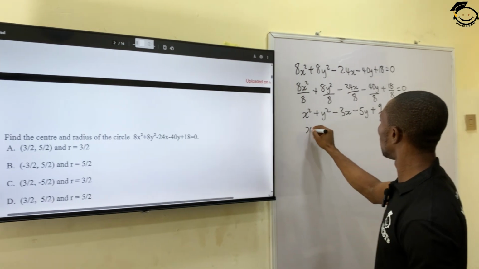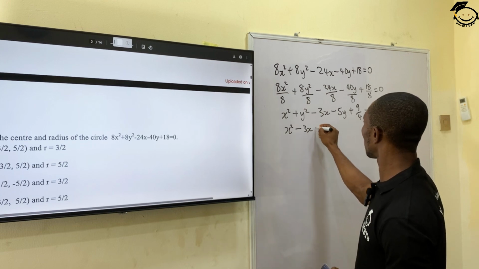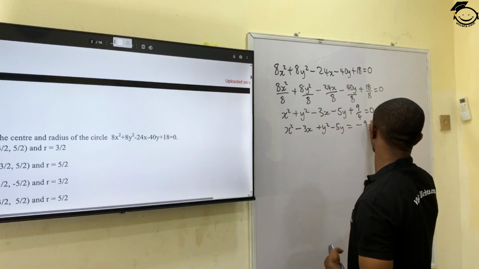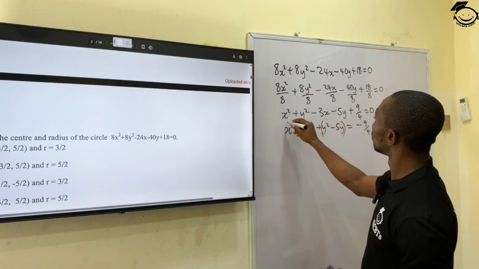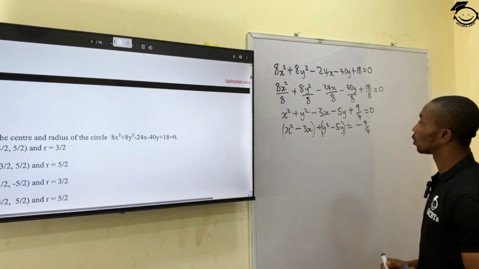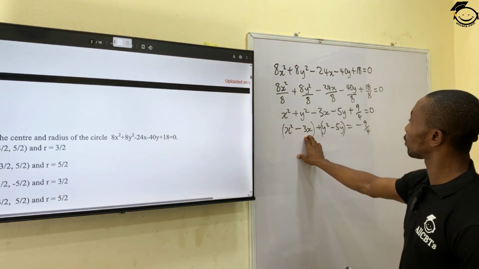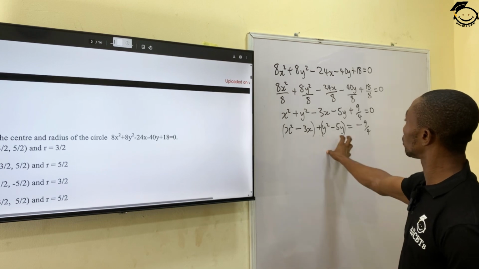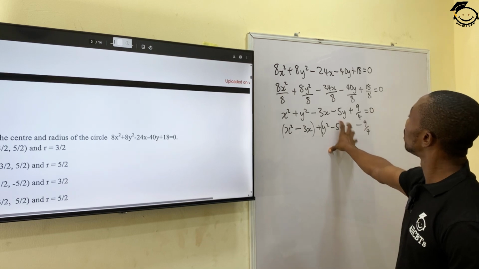This becomes x squared, collecting our like terms, minus 3x plus y squared minus 5y equals minus 9 over 4. Okay? So from here, we can apply the completing the square method to both parts. In doing that, we'll half our coefficient of x, square the half of it and add to both sides. Same thing with y, half the coefficient of y, square it, add to both sides.